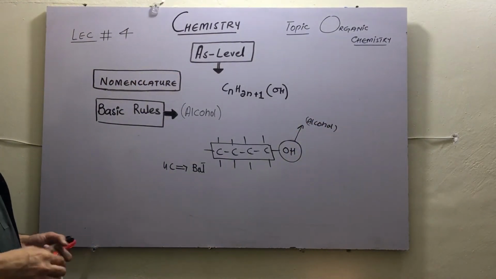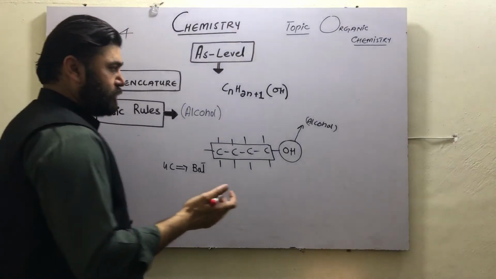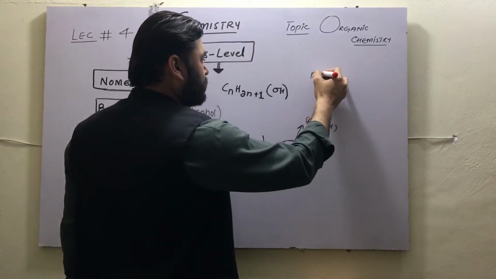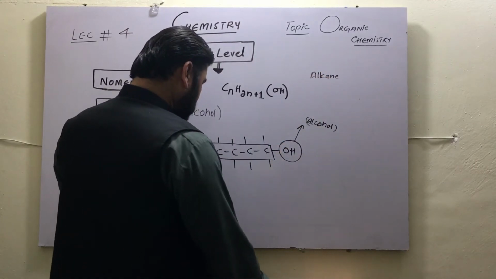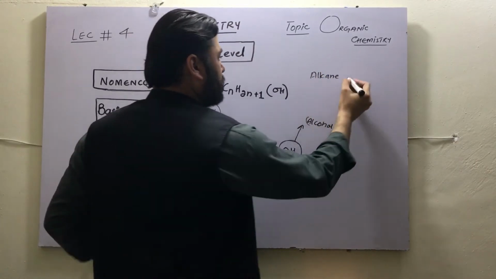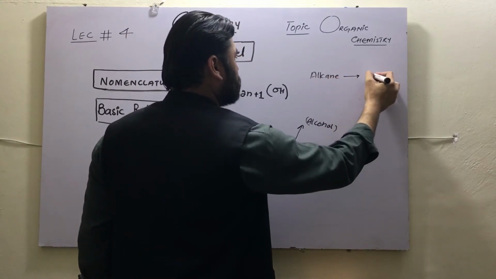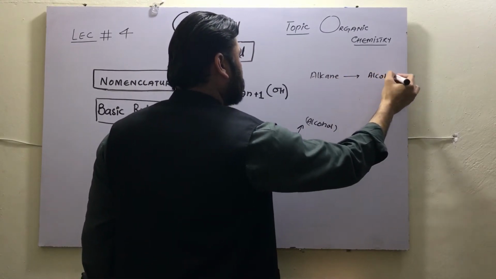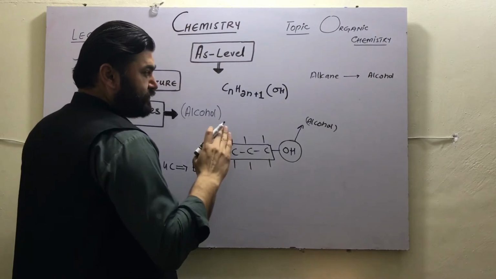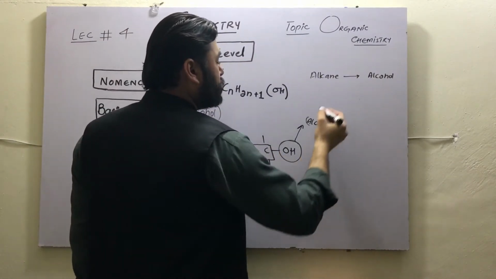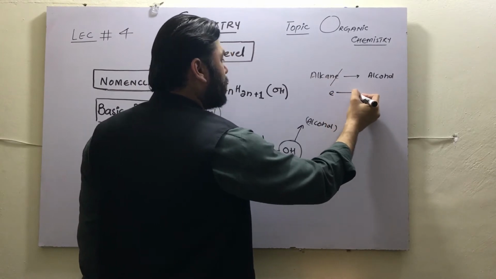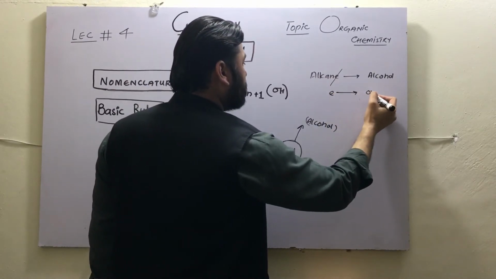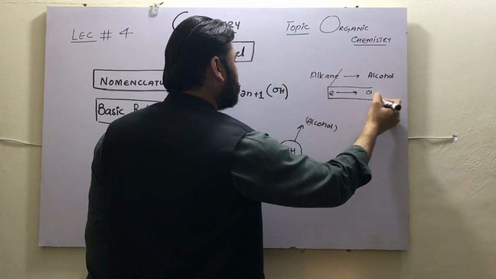So how can we change the name if there is an alkane and you want to change it into an alcohol? What will be the difference in the name? You have to remove the E and add OL. This is the main difference in name.